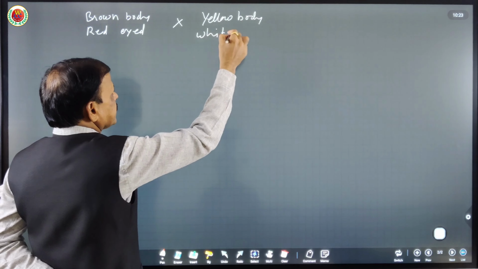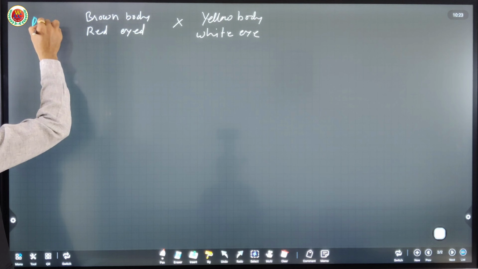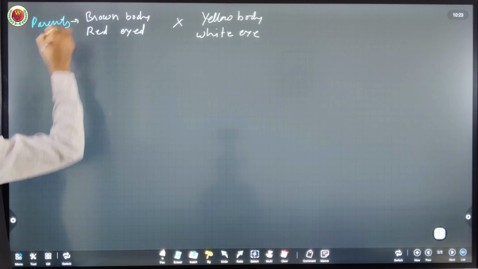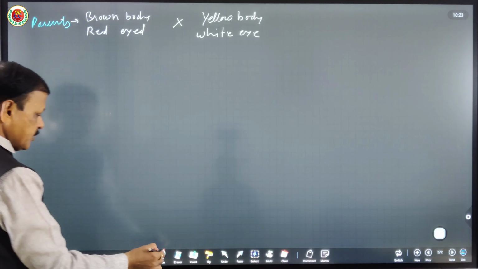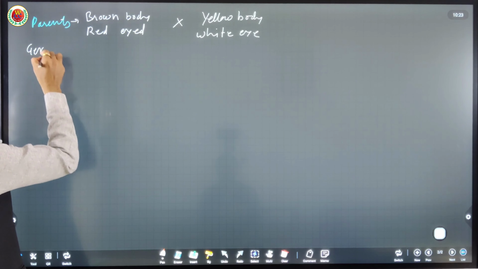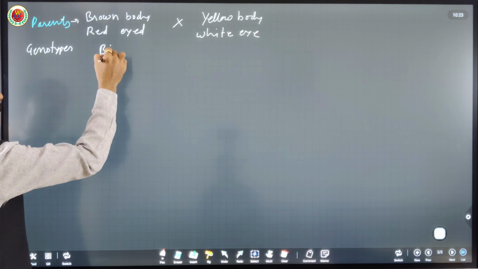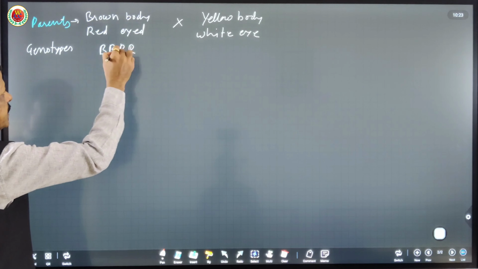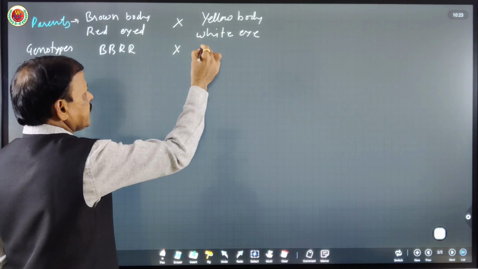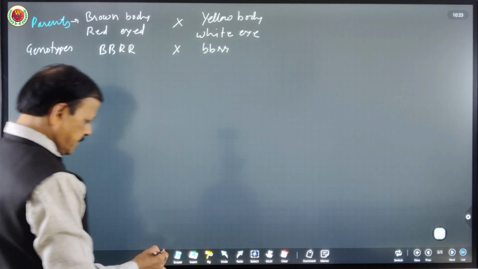These were the parents for their experiment. Now, what are the genotypes? The genotypes are capital B, capital R, being dominant over the yellow body, small b, small r, small r.